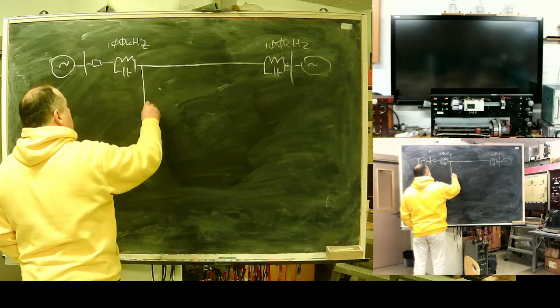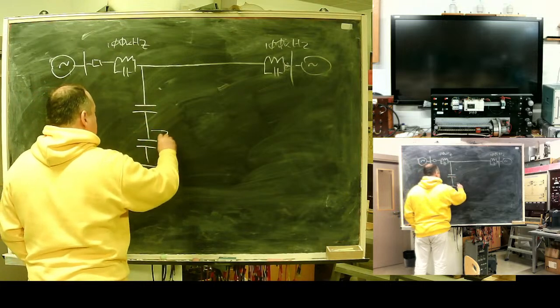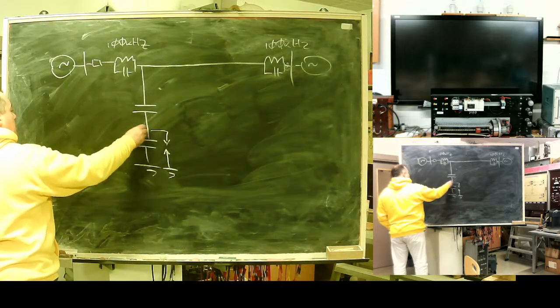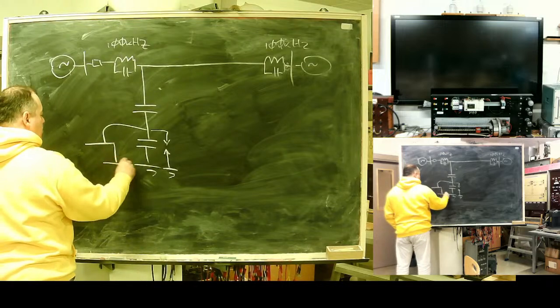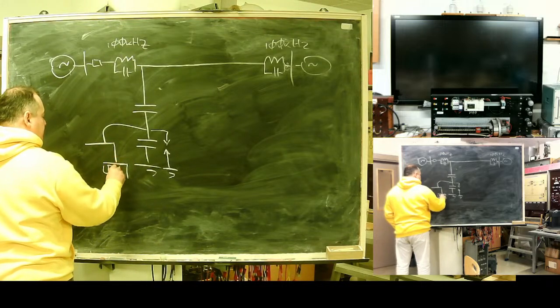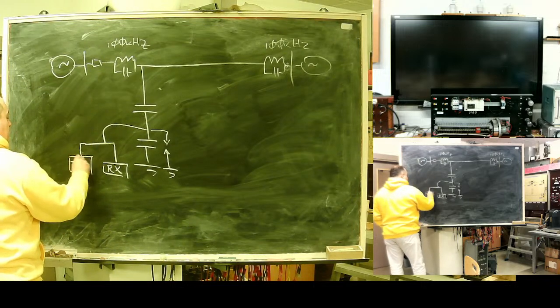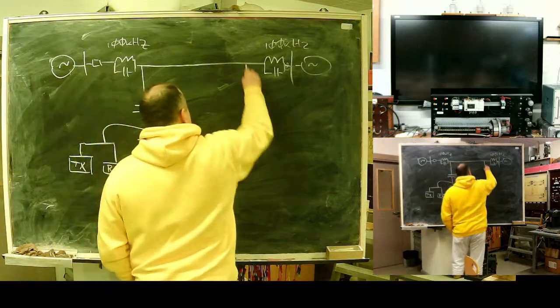Here, with the help of a capacitive divider, RF coupling can be created, and on this coupling sits both the receiver equipment for 100 kilohertz and the transmitter circuit on both ends.